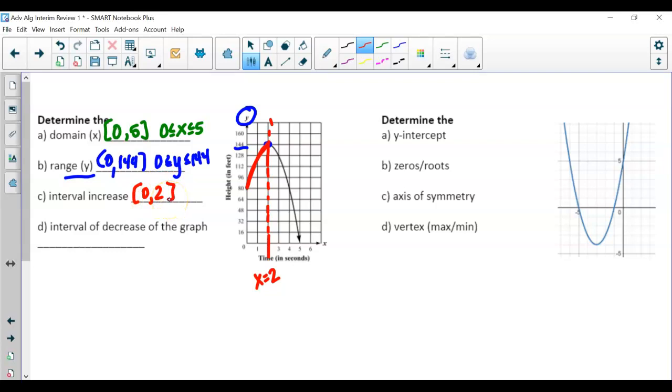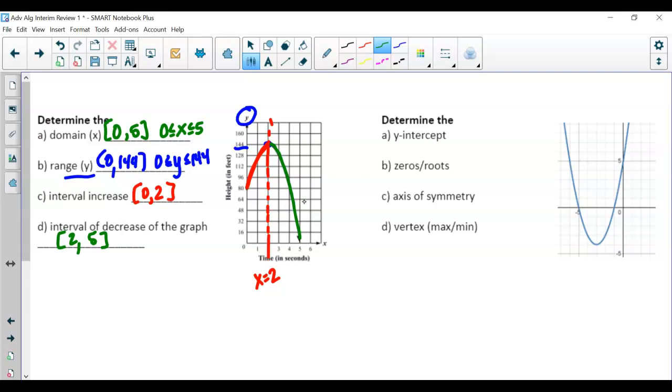And then the decrease is this section, starting now at 2 but ending at 5. So notice how you are using that axis of symmetry to help you identify the increase and decrease.